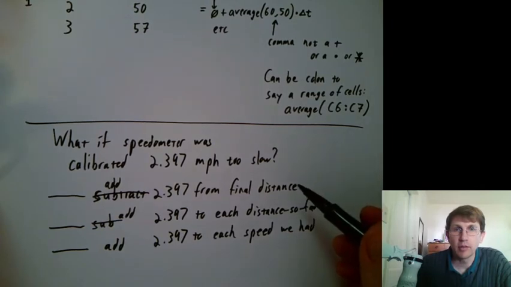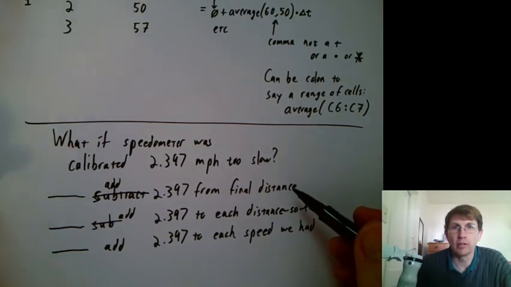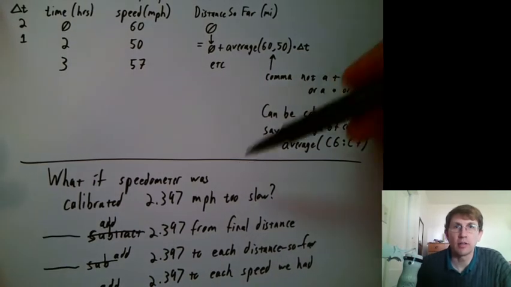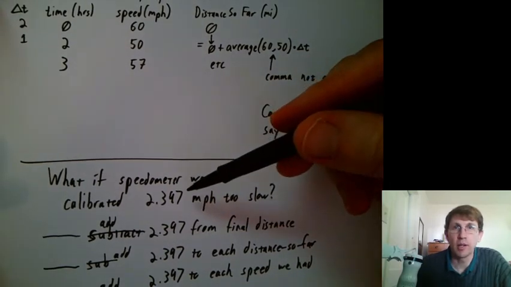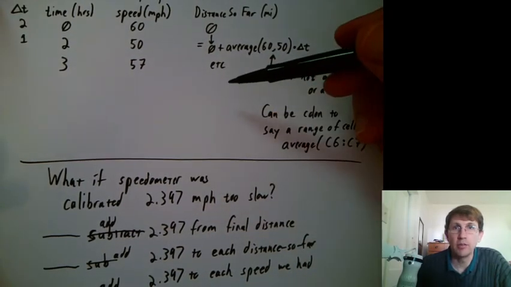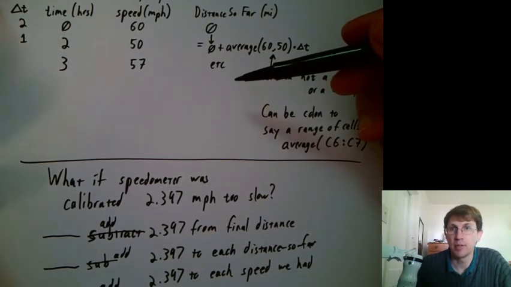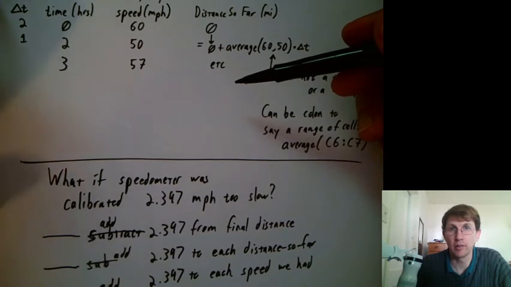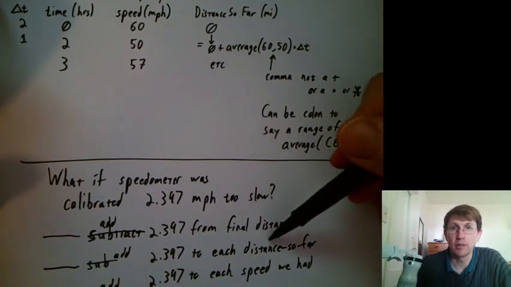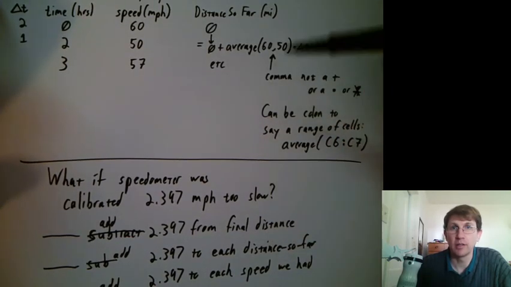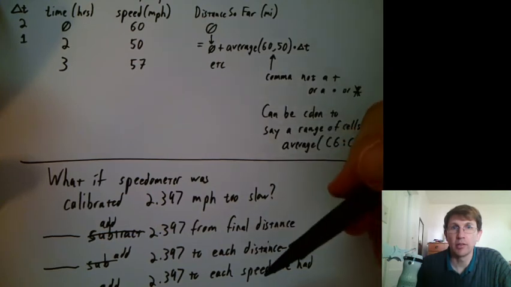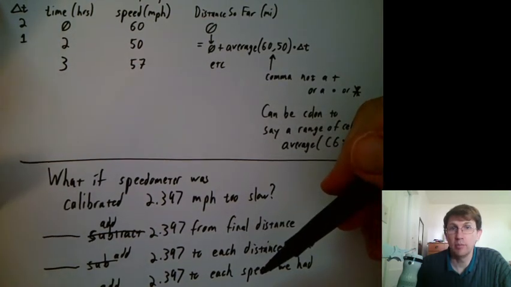Well, think about units. What would actually work here in terms of units? 2.397 is in miles per hour. Should you add it to a number that's measured in miles? No, you can't add miles per hour to miles. The same thing is true for the second option here. It's the same units problem all over. The third one at least doesn't have that problem.